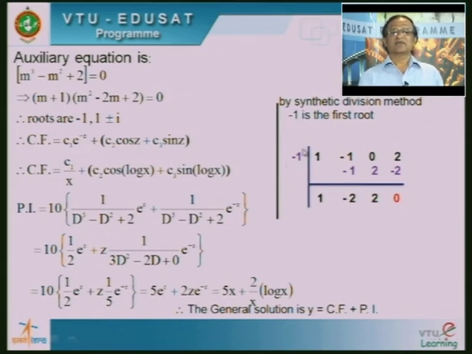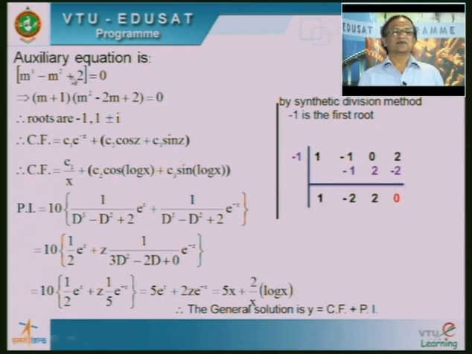So what I have written here is the same number, minus 1. Then I want to write down the coefficients of m. What is the coefficient of m cube? The coefficient of m cube is 1. This is the first row. The coefficient of m cube is 1 and the coefficient of m square is minus 1. So you want to write along with the sign, also minus 1, and you observe the m term is missing.